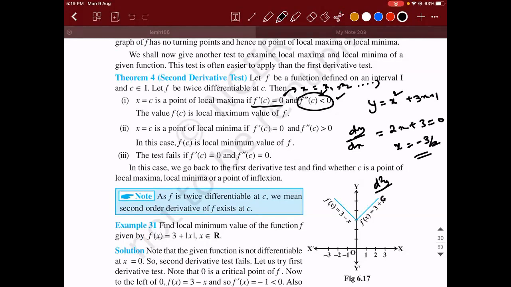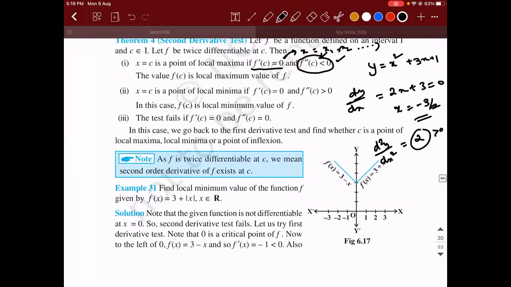The second derivative, d square y by dx square, is equal to 2. It is independent of x, and the second derivative is positive. So what can I say? At x equal to minus 3 by 2, this curve attains a point of minima. That's it. Those are the steps to be followed.